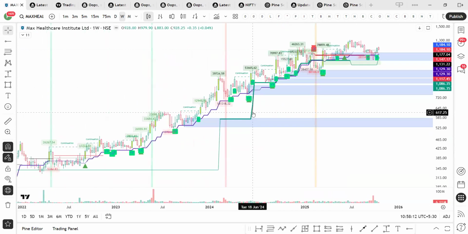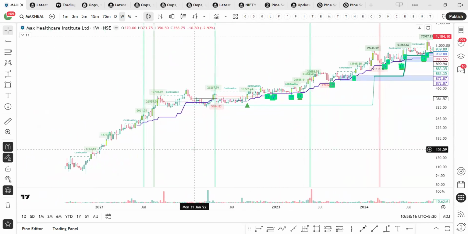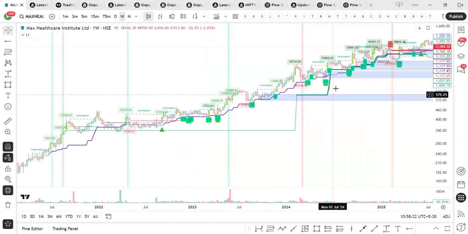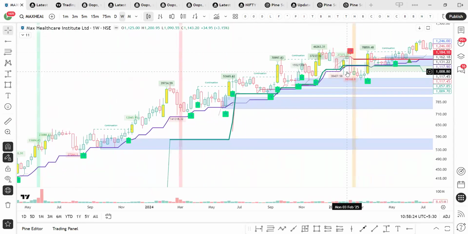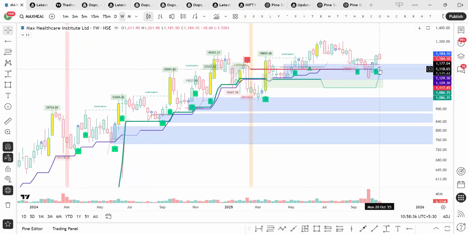If we check the weekly chart, prices are continuously moving higher and higher. The bias band does not appear very soon. It started appearing here and kept on moving higher. Based on the weekly chart, it has given many opportunities for partial profit booking when it closed below the bands, but the final exit has not yet happened.